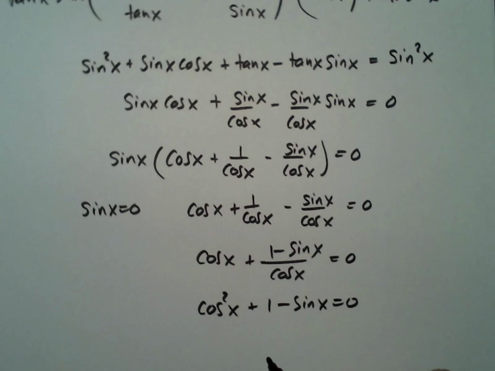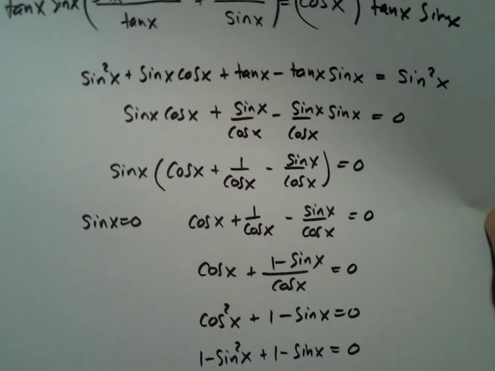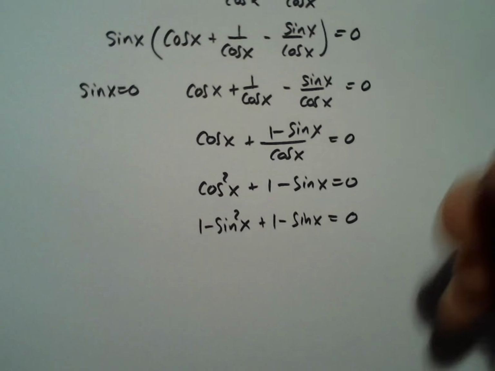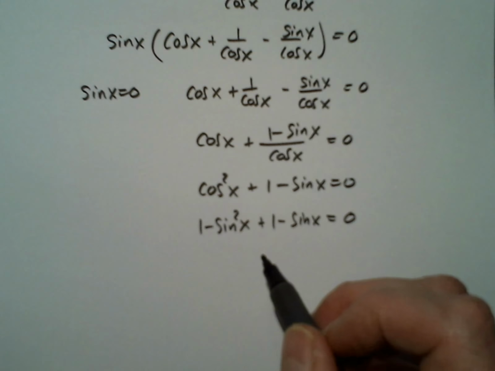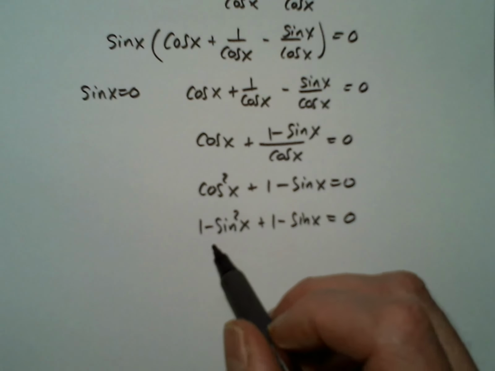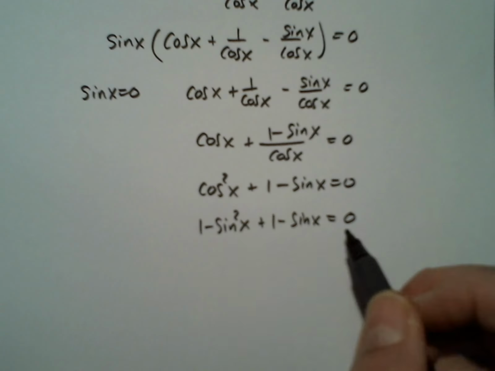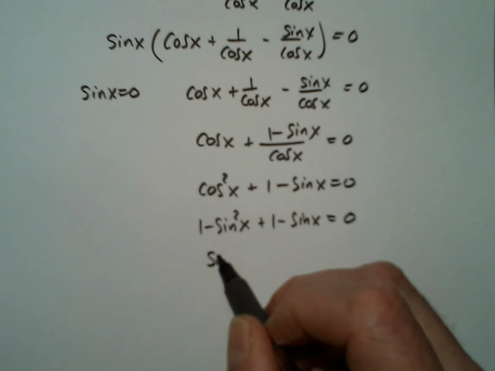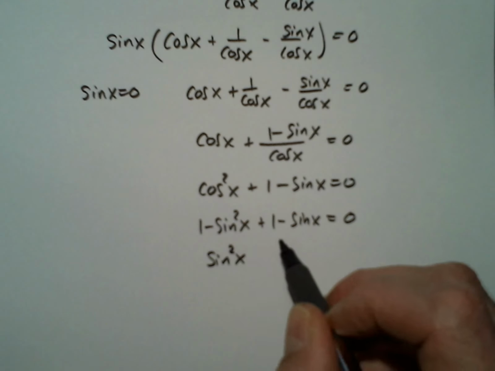and then we can change that into a 1 minus sine squared. Let's go ahead and divide everything by -1 just to make that positive.